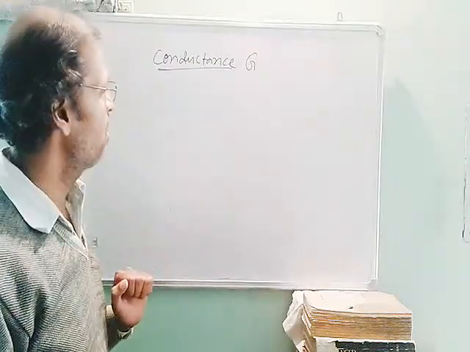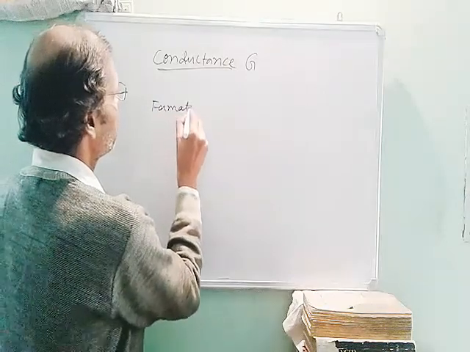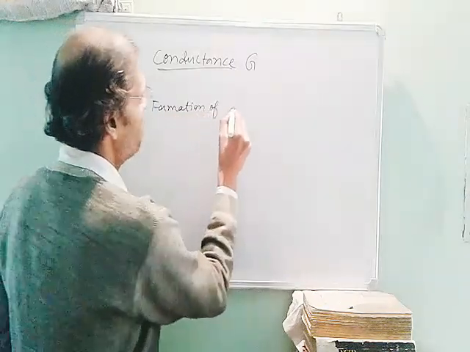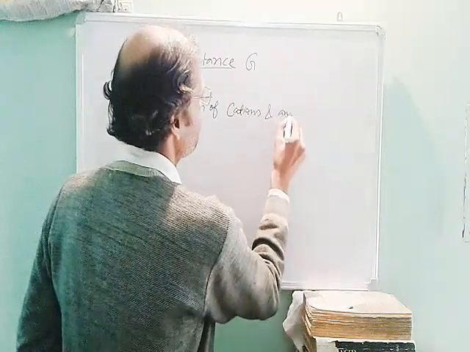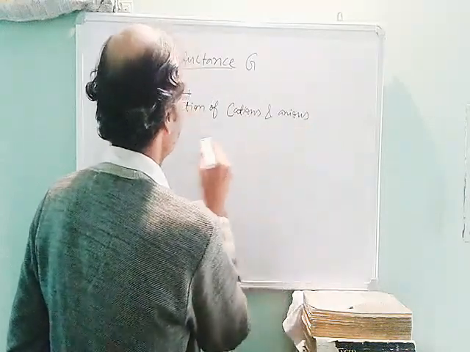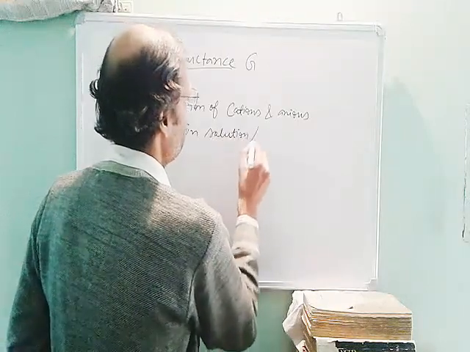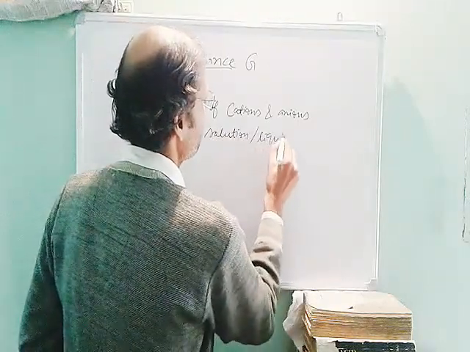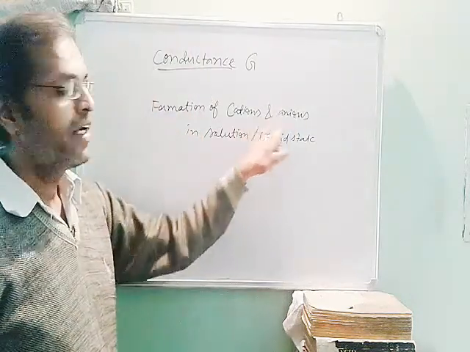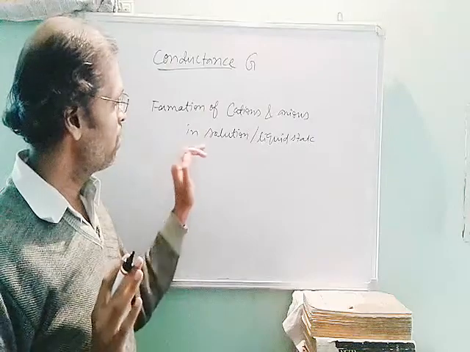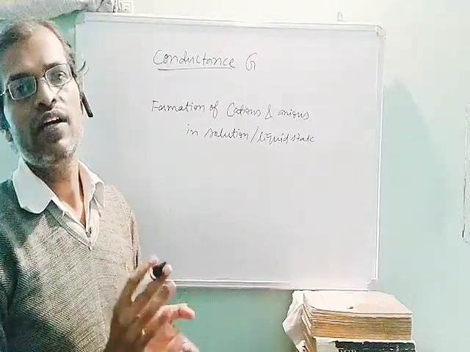Actually, the necessary condition is formation of cations and anions in solution or liquid state. If cations and anions are being formed in solution or liquid state, the compound will be considered an electrolyte.